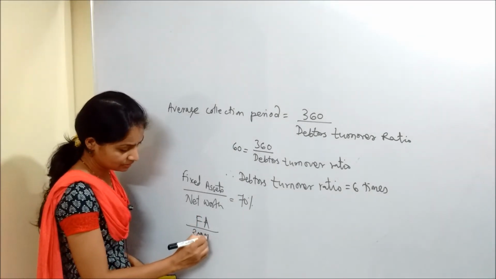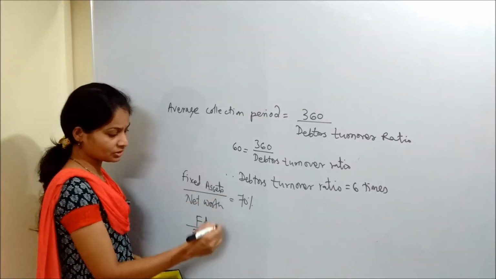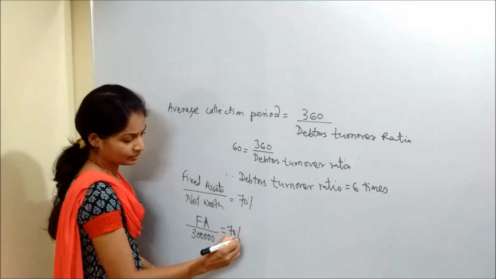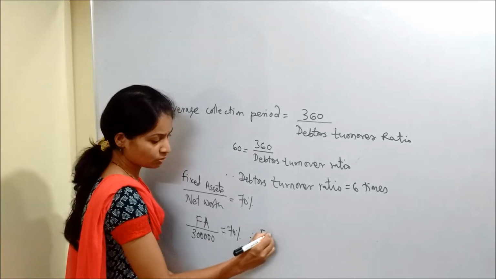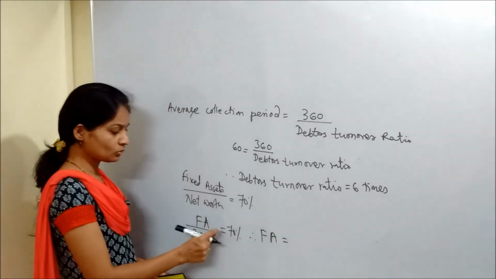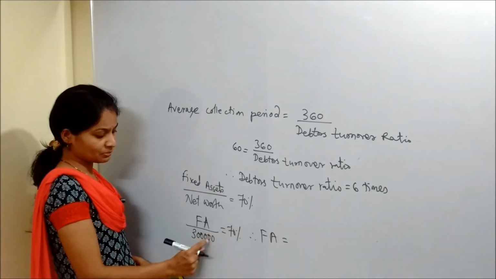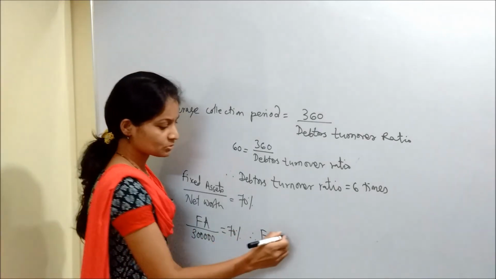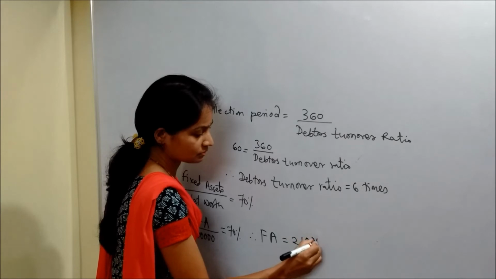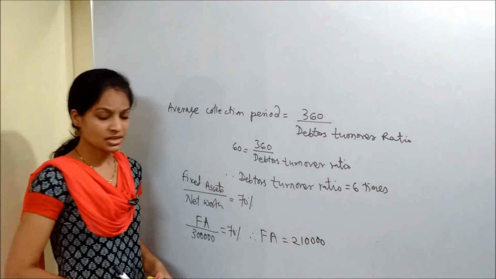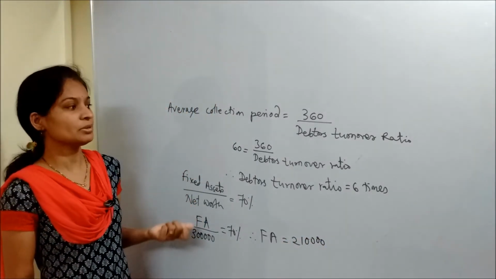So I am writing here the amount of 3 lakh net worth equals to 70%. If you will solve this, fixed assets will come to 70% of 3 lakh, that comes to 2,10,000. This is how we have got most of the elements of balance sheet.